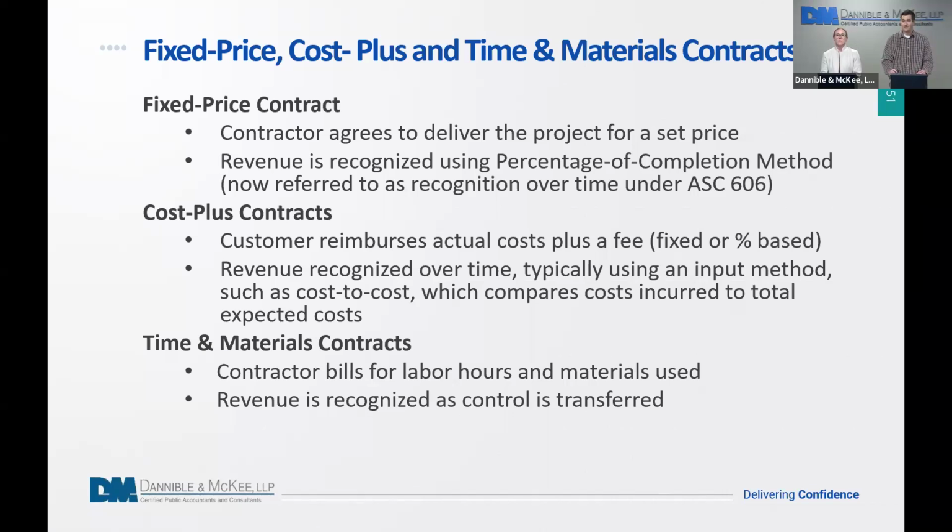And then you also have time and material contracts where the contractor will bill for labor hours and materials used. Revenue typically, again, is recognized as control is transferred to the customer. So the common theme here between everything is when control is transferred to your customer, that's when the obligation has been satisfied, which again can be at one point in time or it could be over time.